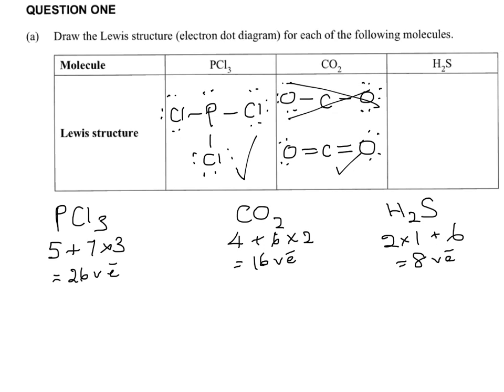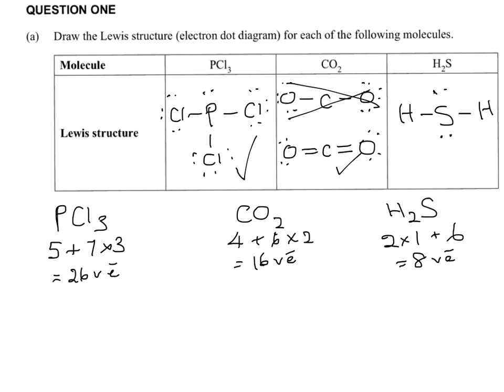What about hydrogen sulfide? Now hydrogen can never go in the middle, because it can only form 1 bond, so we're not going to put hydrogen in the middle, we'll put sulfur in the middle. Each of the hydrogens has got 2 electrons now that it's sharing with the sulfur atom, and 4 electrons have been used up in those 2 bonds, and that leaves us with 4 electrons to put on the sulfur atom.